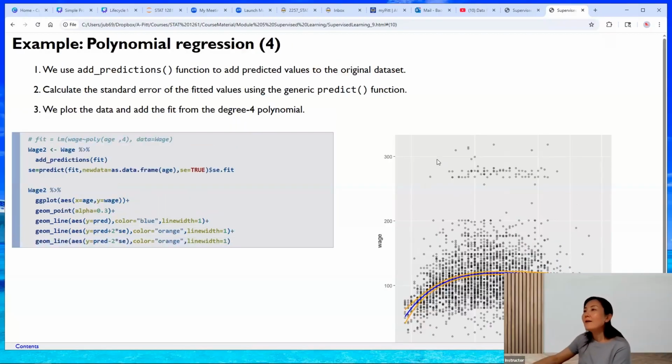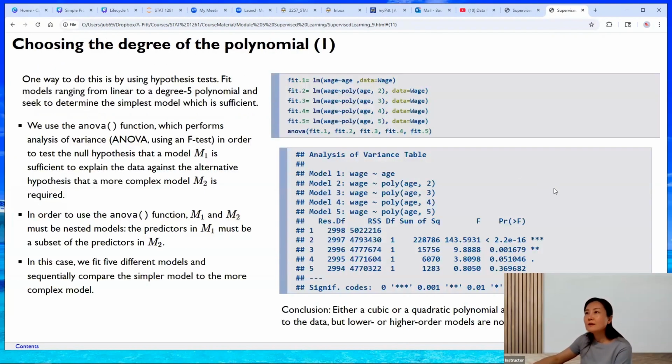Right. All right, so this is our initial setting for polynomial regression. And then you may wonder how to choose the degree of the polynomial. There are so many choices: simple linear regression, or second order, third order, right? So which one is the best? We can actually use an ANOVA test to do so.